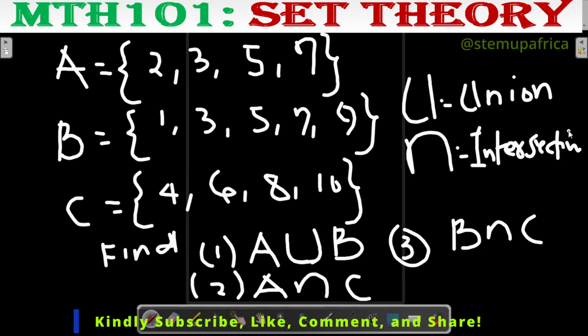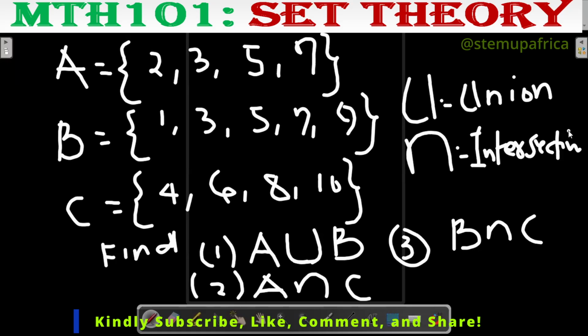A union B is 1, 2, 3, 3. A union B, what do you have as the answer? 1, 2, 3, 3, 5, 7, 7, 9.